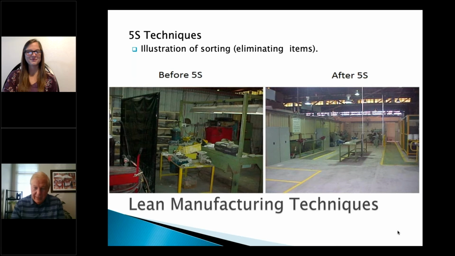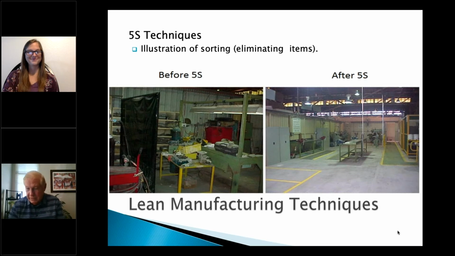This is an actual shop that I had some dealings with, and it was a mess. You couldn't see where anything was. It was a safety issue and an efficiency issue. So we went through some lean training, and this is the greatest example of sorting that I could come up with.